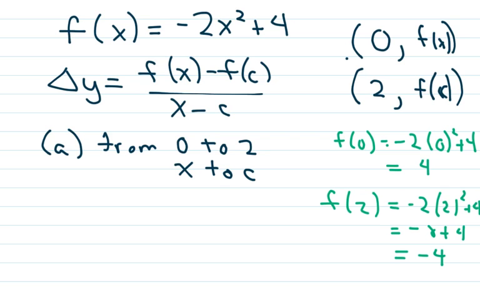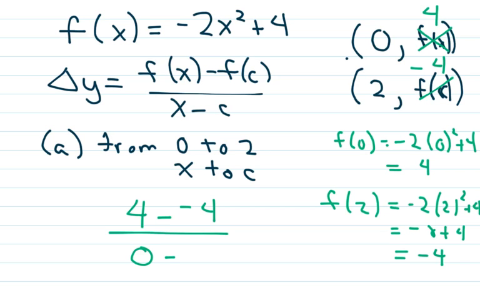And now you're just using the slope formula. So f of x was 4 minus f of c, which is negative 4, over 0 minus 2. So we get 8 over negative 2, which gives you negative 4.